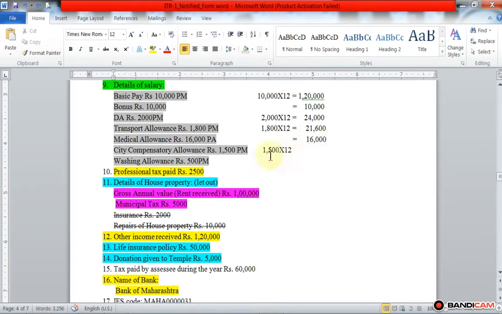Then washing allowance 500 per month. So here 500 multiplied by 12 is equal to 6,000.